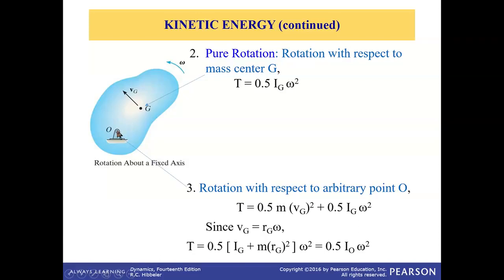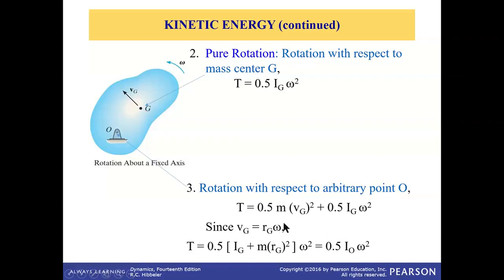Okay, and if we know this distance between point O and G, let's call this distance r, then this velocity is nothing but omega r. So it's the product of angular velocity and the radius vector. So Vg is rg omega.